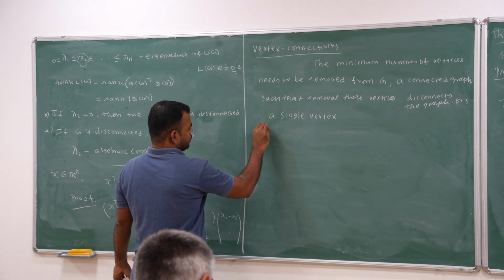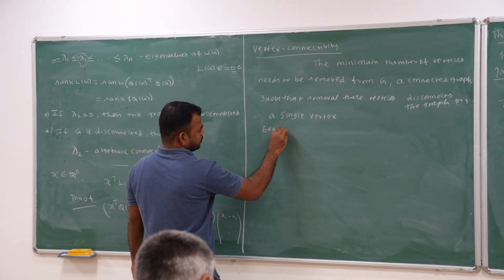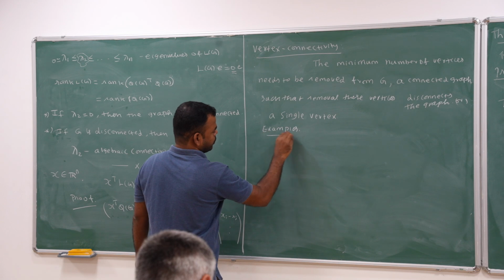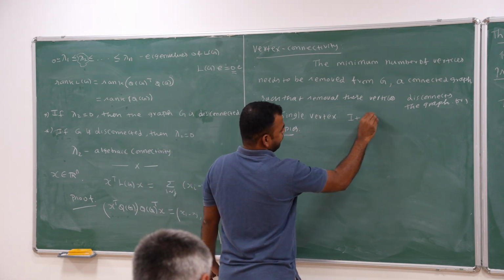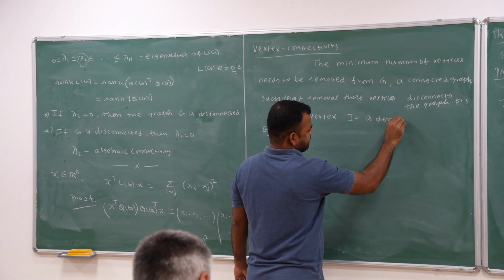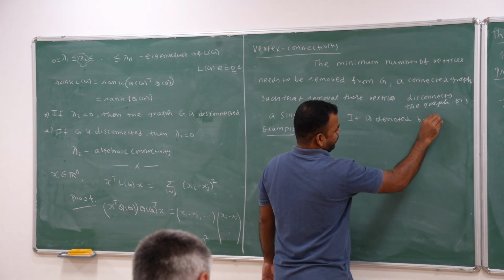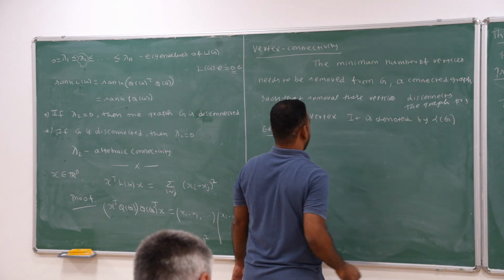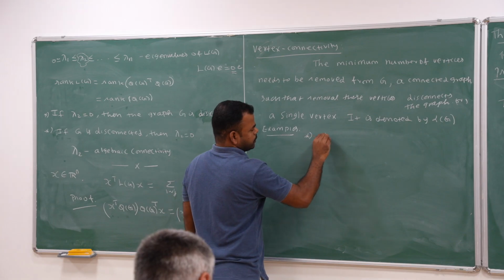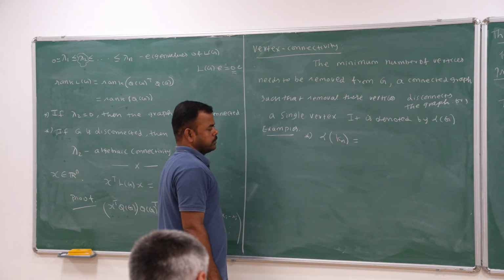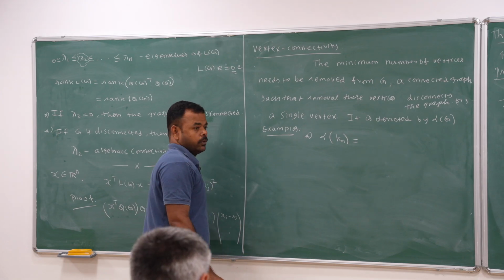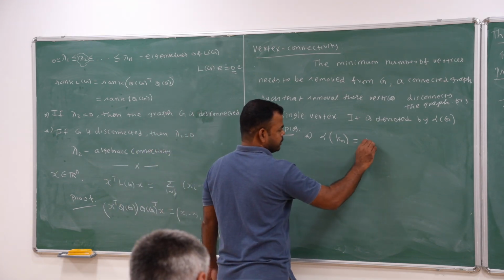So examples. It is denoted by alpha of G. So what is alpha of Kn? N minus 1.